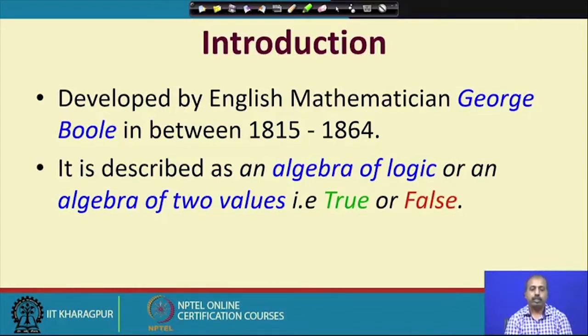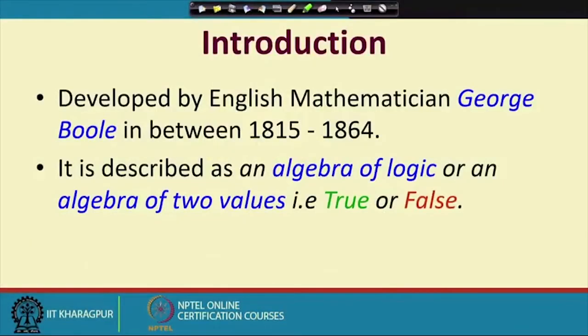In normal algebra that we are familiar with, the variables can take values from some domain, maybe integer, real, etc., and then we can do operations like addition, subtraction, multiplication, division on those values. Similarly, in Boolean algebra the values are only true or false. There are only two values possible, true or false.